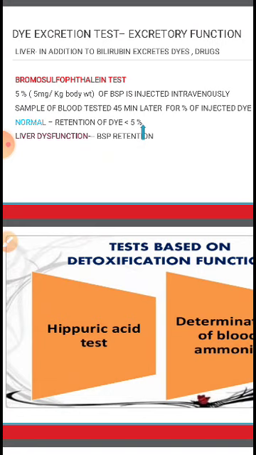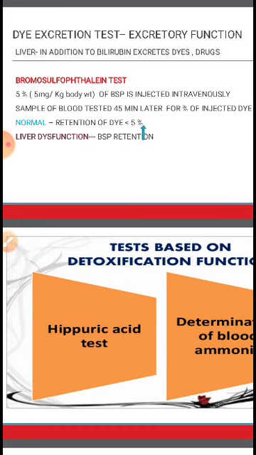Now, there are other tests which are used for assessing the excretory function of the liver, because in addition to bilirubin, the liver is also able to excrete dyes and drugs. So, we do a dye excretion test to assess the removal of dyes by the liver. This test is known as the bromosulfophthalein test.